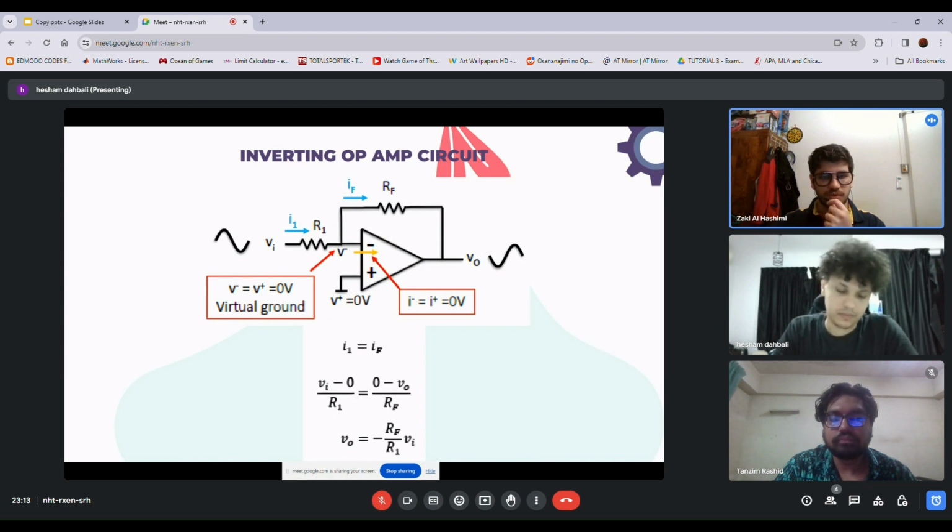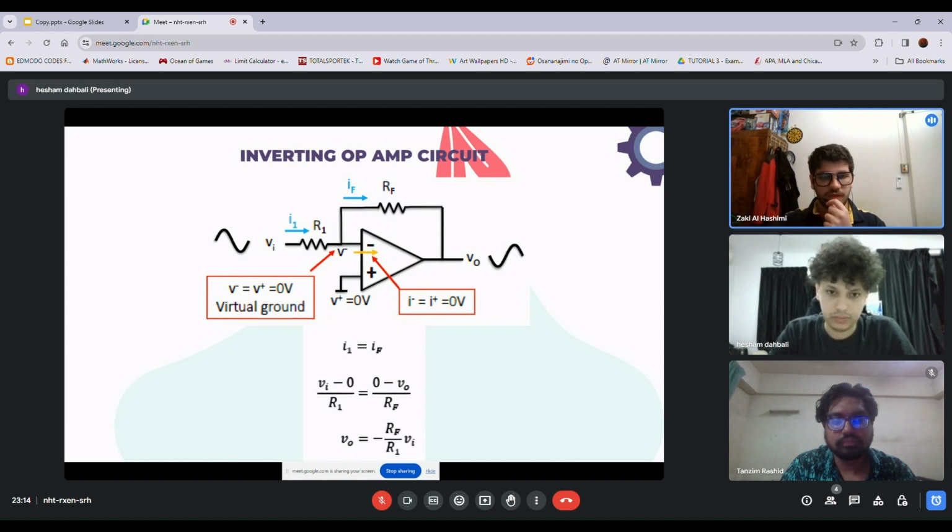So in this case it would be 0. The current that flows through R1 would directly continue flowing through RF to Vout, meaning that I1 and IF are equal to each other.